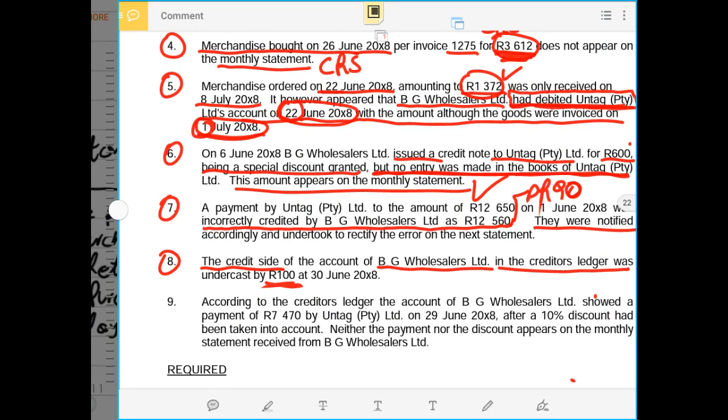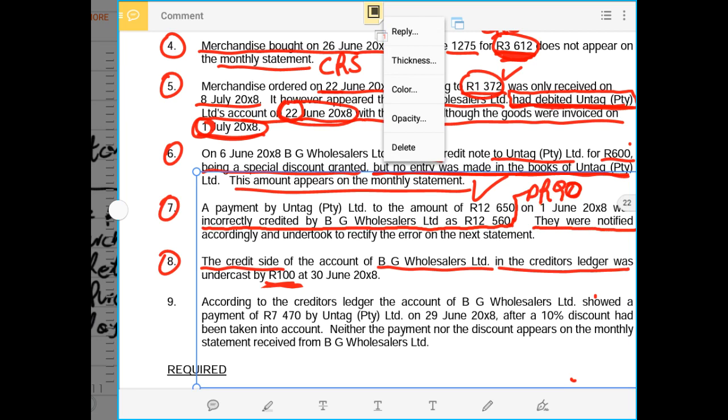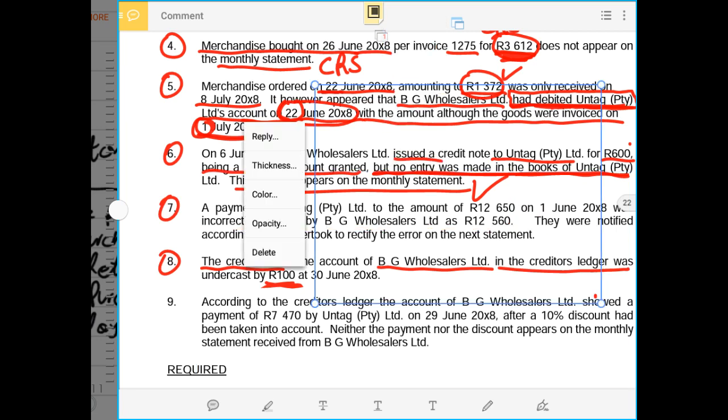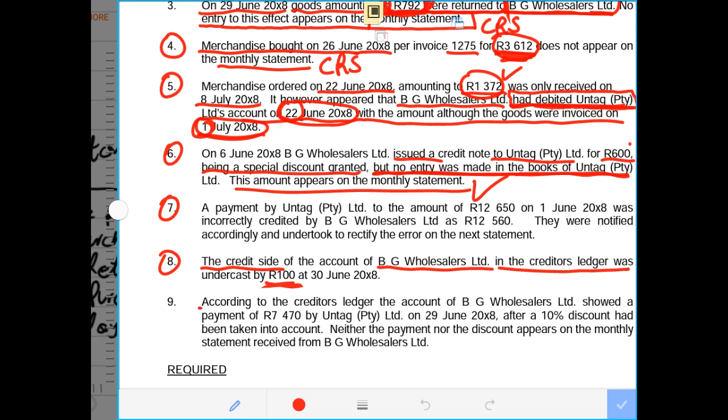And now we go to the next one, which is number 9. Number 9 says to us that according to the creditors ledger, the account of BG Wholesalers Ltd showed a payment of 7,470 by Anteg Ltd. Okay. According to the creditors ledger, meaning the ledger account of our creditor, not the statement from the creditor, in our records.